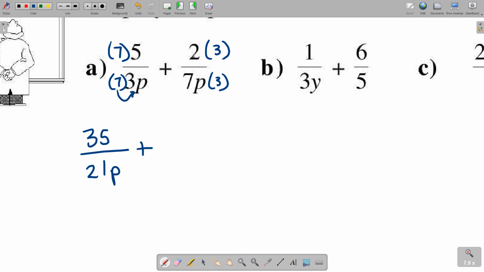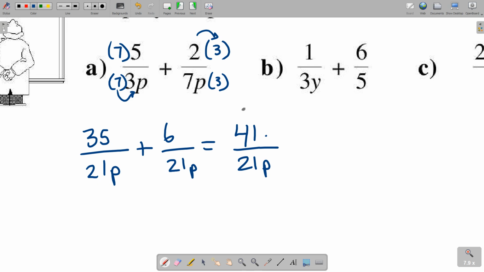Plus 2 times 3, 6 over 21p. 35 plus 6 happens to be 41 all over 21p. 41 happens to be a prime number, and therefore this is not reducible. It's not one of the multiples of p. There's the final answer, except I forgot something. What did I forget?